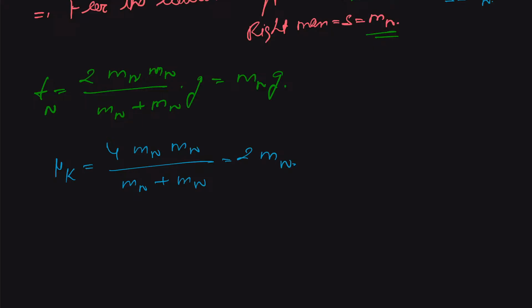And so let me put it here. We have T of n is equal to m of n times g, and we have mu of k is also equal to twice m of n.